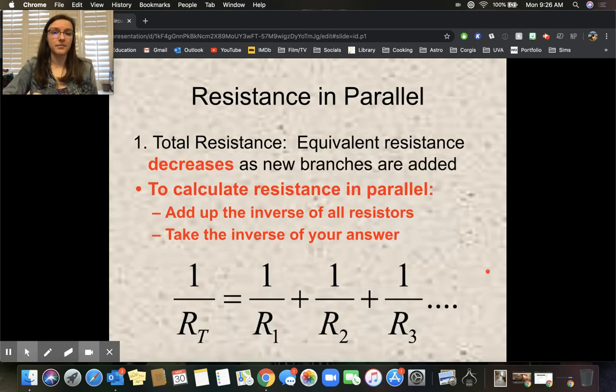So if one light bulb were to go out, the others would still stay lit because they have their own paths to the battery. Resistance is a little bit more complicated in a parallel circuit. The equivalent resistance will decrease as new branches are added.